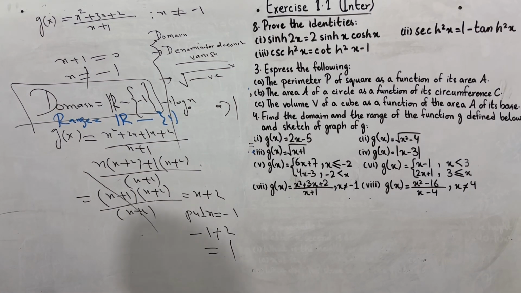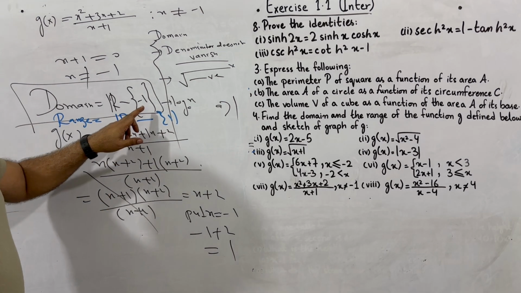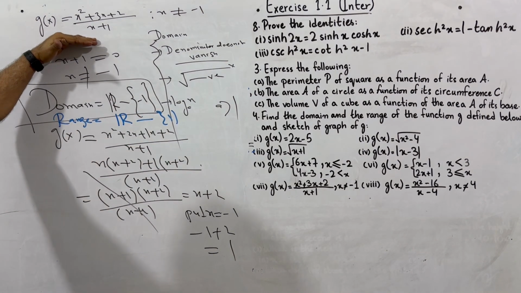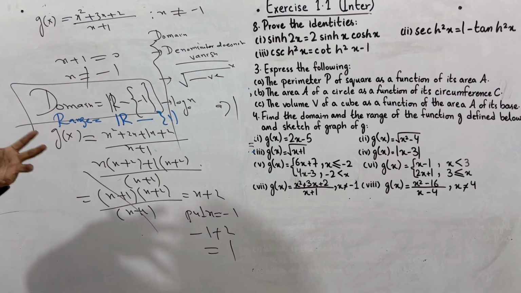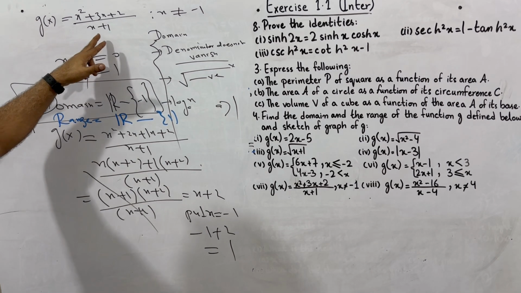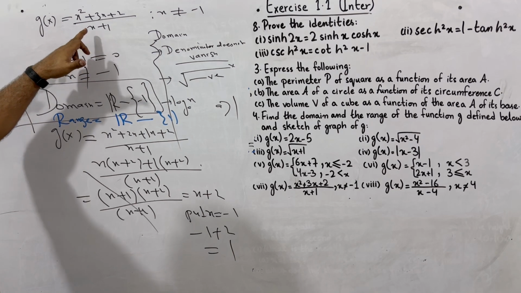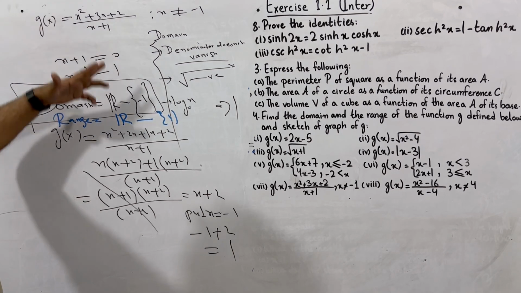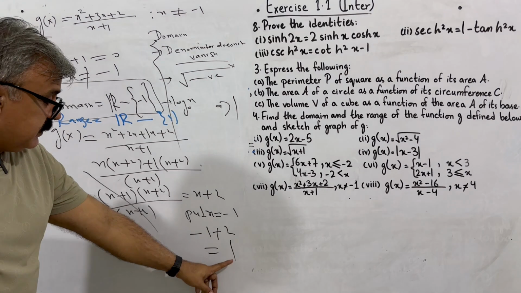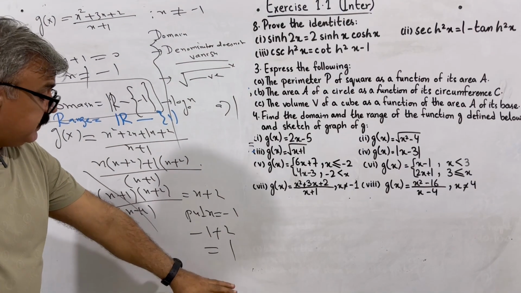From the domain, we have deleted minus 1 because it gives us an undefined, indeterminate situation. Utilizing the concept of limit, we have factorized and this is a jump. We can jump through it. We have found the value, that is 1, but it is a limit value.